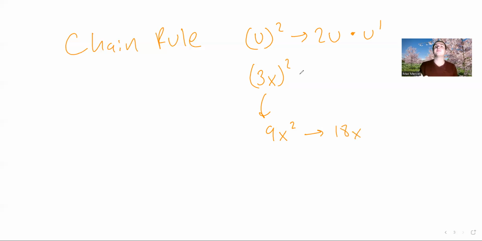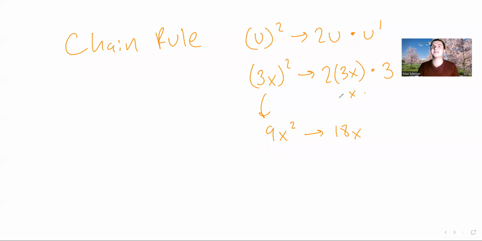Well, let's see this work. So 2 times the inside part, so that's 2 times 3x, times the derivative of the inside part. So the derivative of 3x is 3. Now, 2 times 3x is, yes, that's 6x.